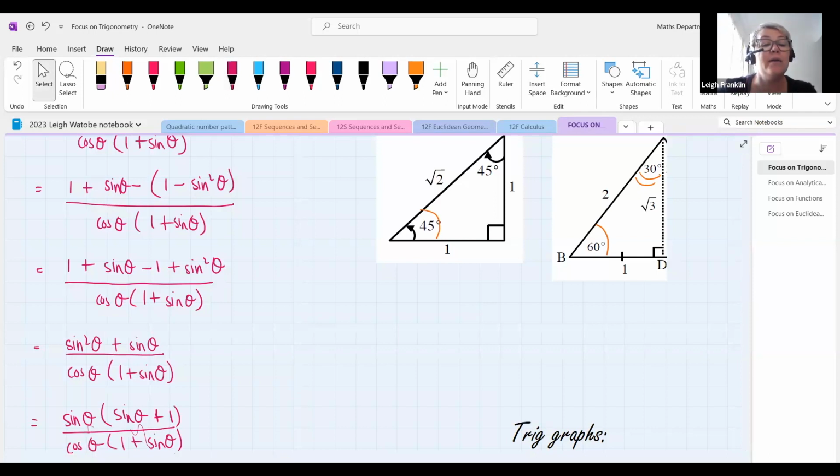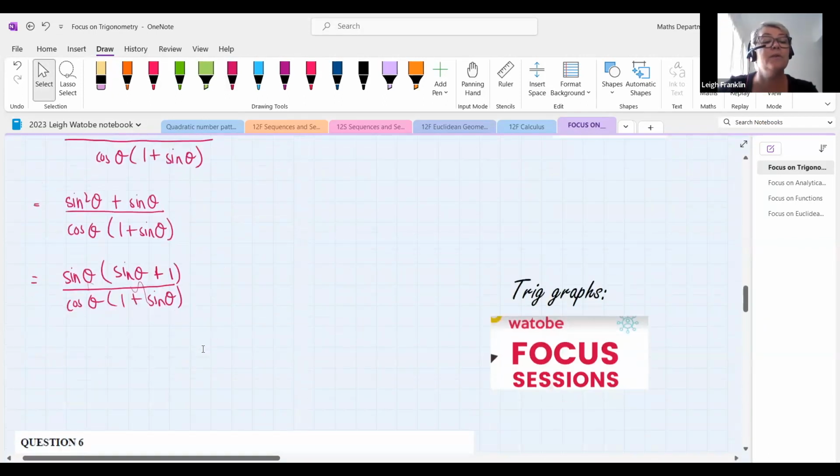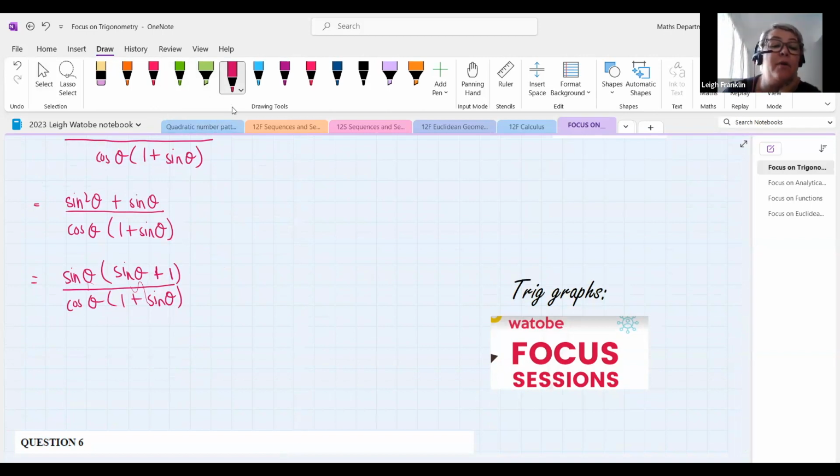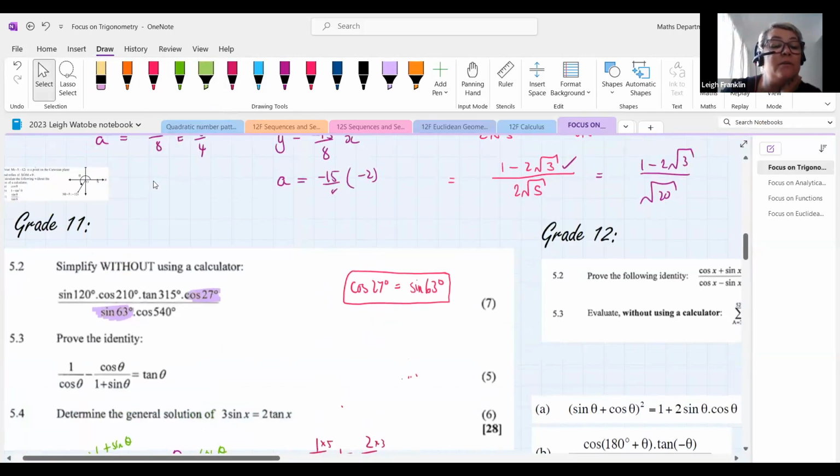So inside our brackets, grade 11s and grade 12s, sine theta plus 1 or 1 plus sine theta, it is the same thing. Both sine theta and 1 are positive. So now we would cancel something at the top with something at the bottom. We could only cancel after we have factorized because we're allowed to cancel factors, not terms. This gives us sine theta over cos theta, which we know is tan theta. And now the left-hand side is equal to the right-hand side.